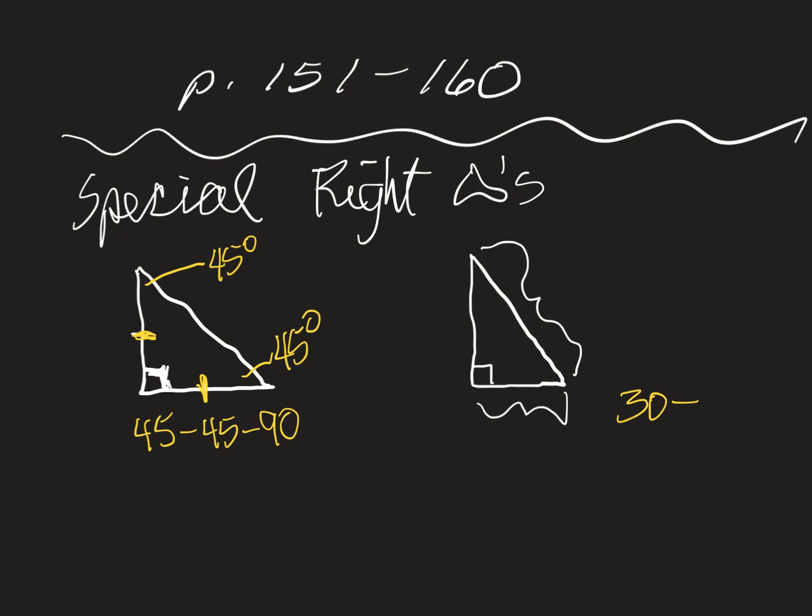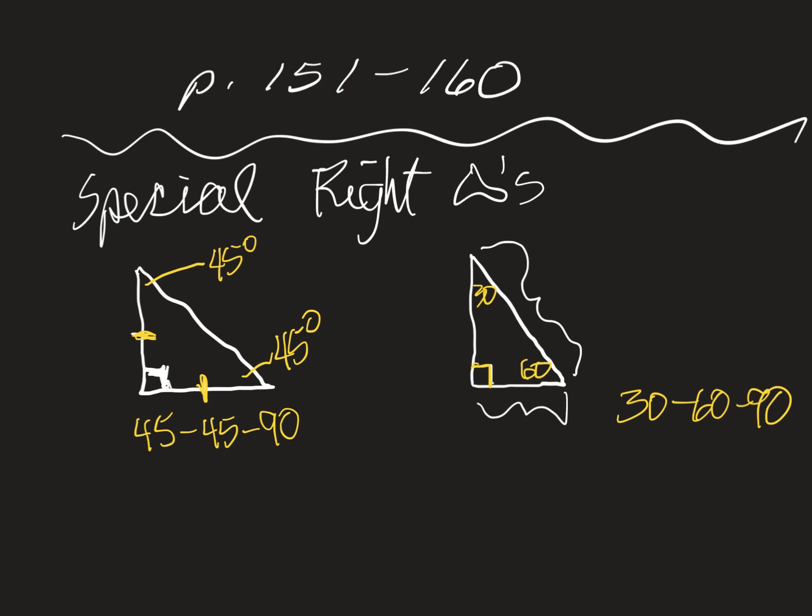It was the 30-60-90 right triangle. 30 was the smaller angle, 60 was the bigger acute angle, and then, of course, the right angle. The smallest leg is opposite the smaller angle, and the shorter leg is half as long as the hypotenuse. All right?